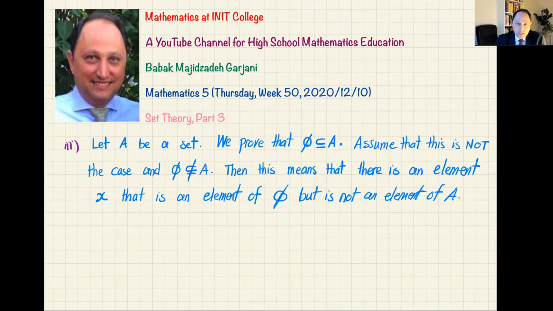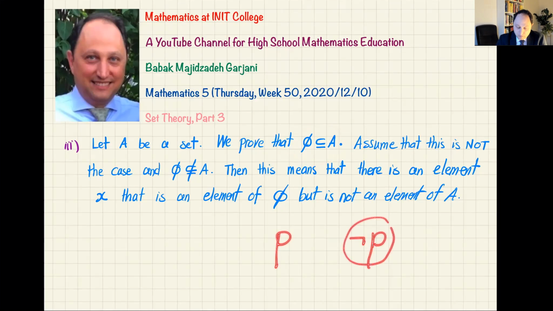The answer is no, because the empty set doesn't have any elements. So it means that logically, not because of any weakness, but by definition of the empty set, there is nothing inside the empty set. I cannot find an element which is inside the empty set and is not in the set A. Because of this, we have to accept that this is the right statement. Because in the logic that we are talking about, either a statement is true or its negation is true. They cannot simultaneously be true or false.